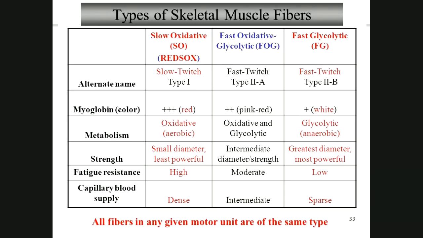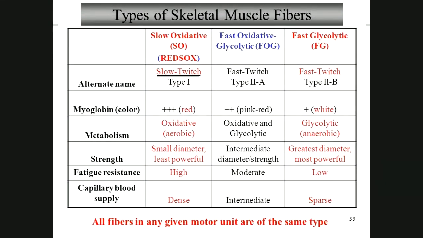If you look at slow, they're called that because they are slow. They don't contract very quickly, so they're what's called slow twitch. So a slow twitch, if you graphed it, would have a wide curve.